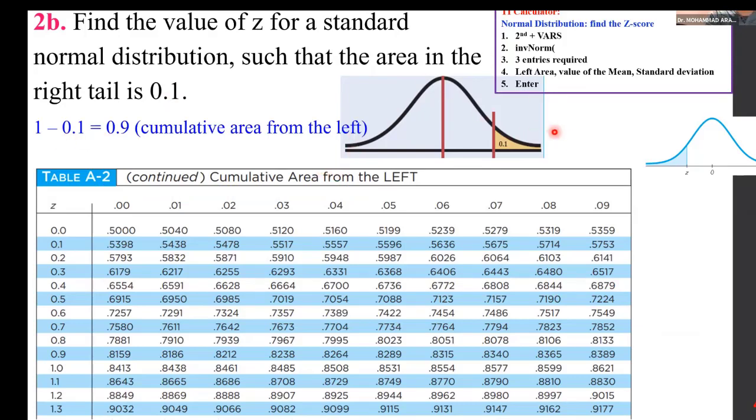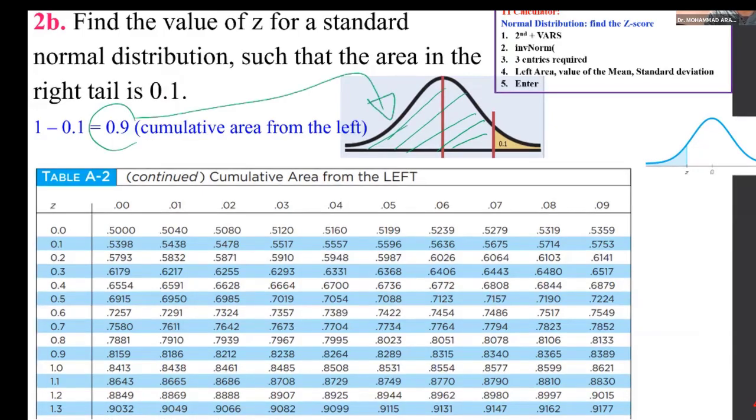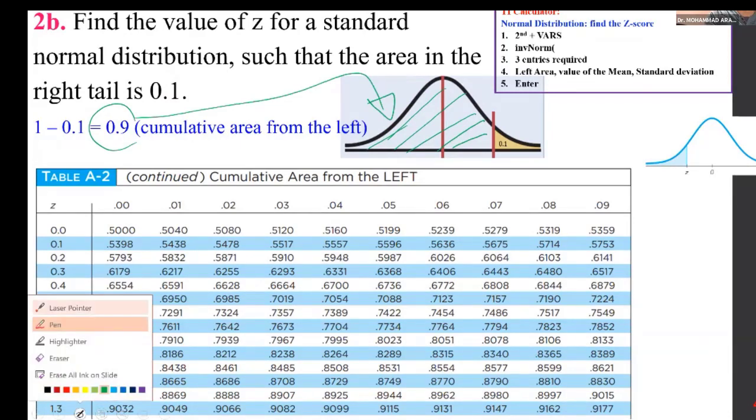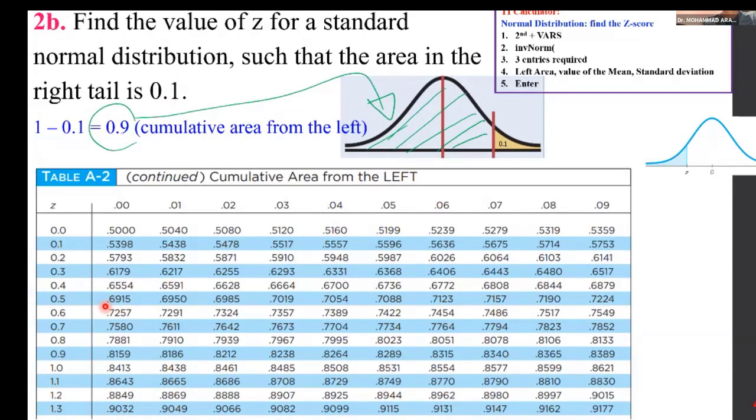So the cumulative area from the left, all this portion, is 0.9. So you look for 0.9 in the body of the table. And you notice that 0.9 doesn't exist, but it is obviously between these two numbers.